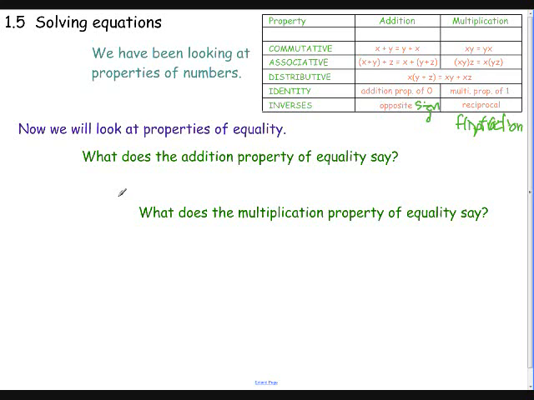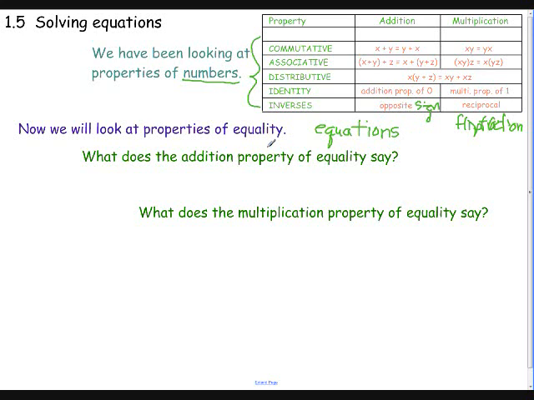You'd never know it. Now we will look at properties of equality. What does the addition property of equality say? Okay, so back up here we got properties of numbers. They're all right here. Now we're going to talk about properties of equality. So this would be things that apply when we're working with equals or equations.